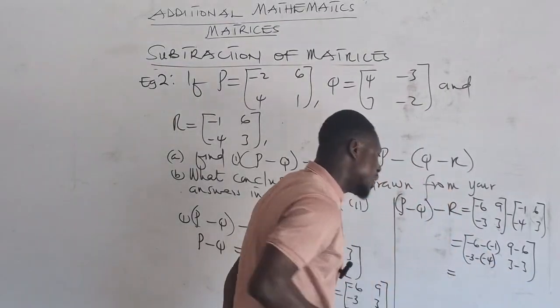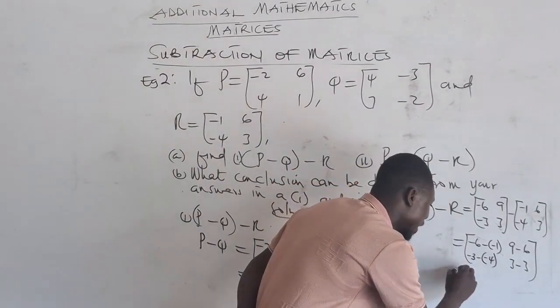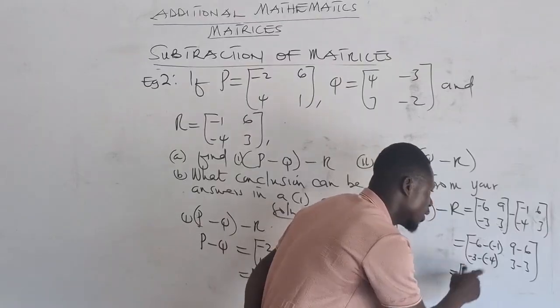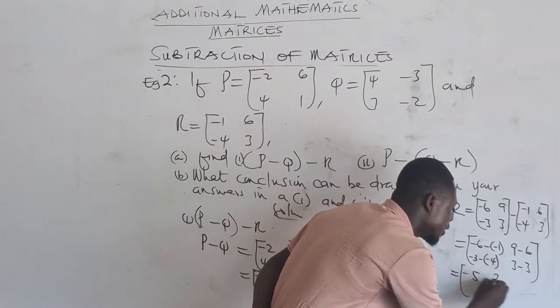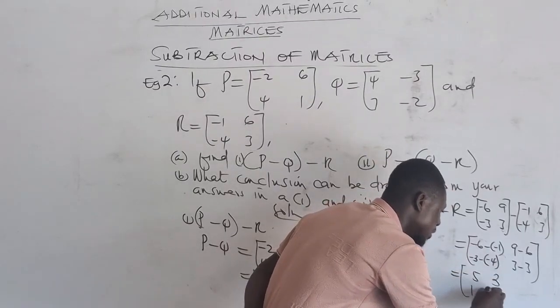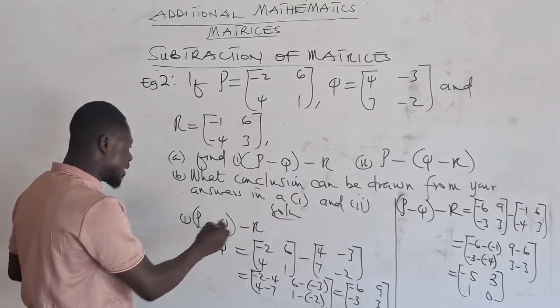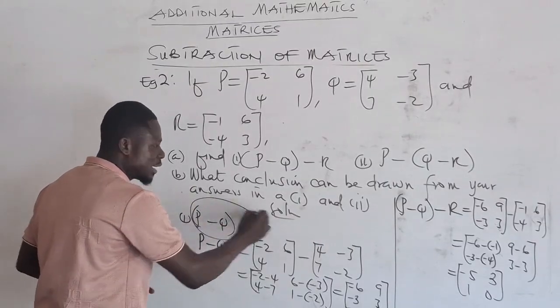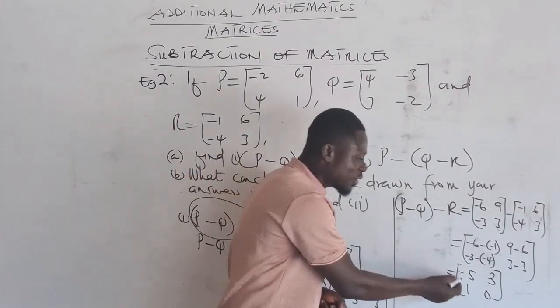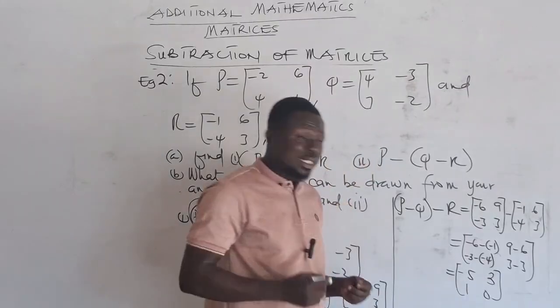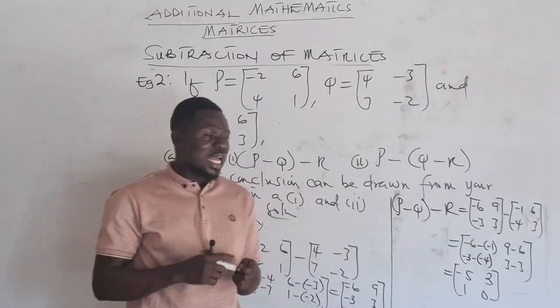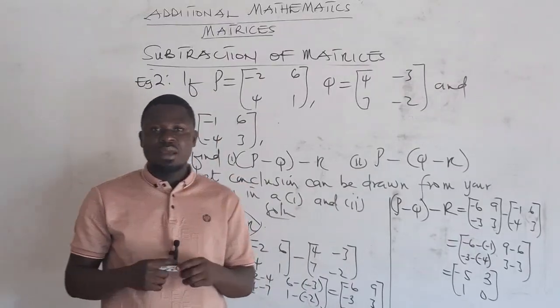So in this case, we are going to have negative 5, then here we have 3. This will be 1, 0. So it means that the result for the whole of this is now [-5, 3, 1, 0]. This is the answer for the AI part.